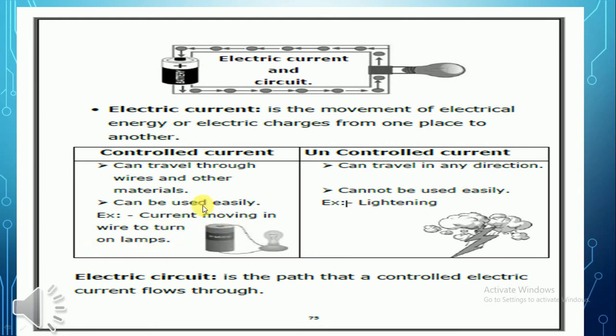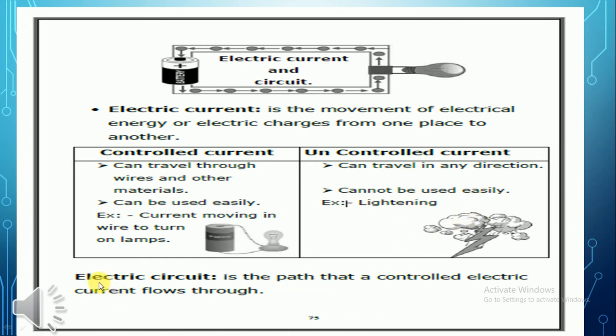Uncontrolled current can travel in any direction, like lightning, and can't be used easily. It's so dangerous, like lightning.